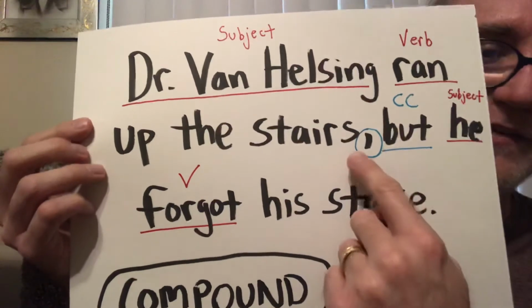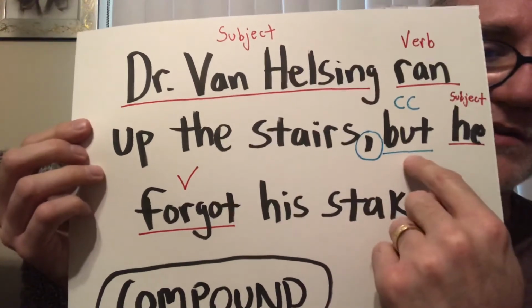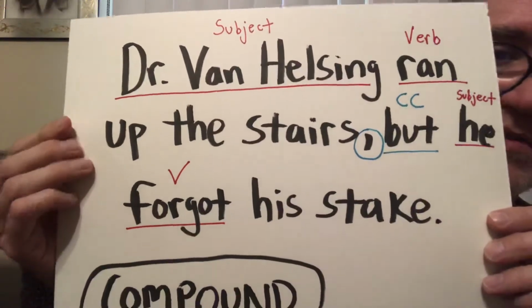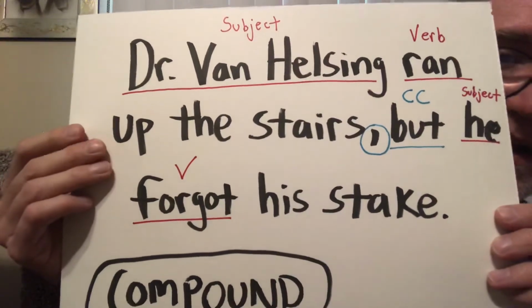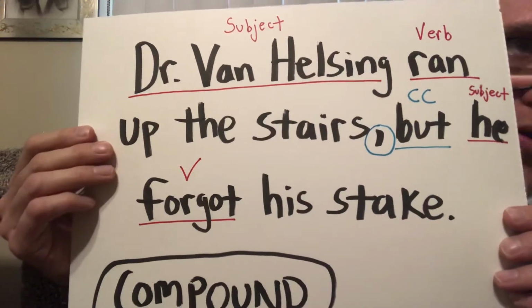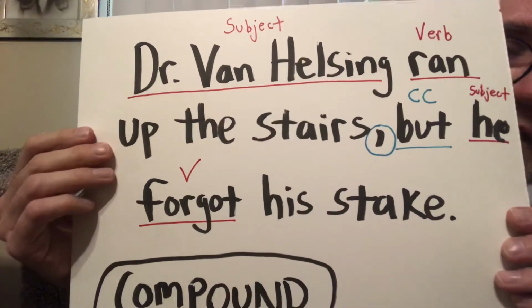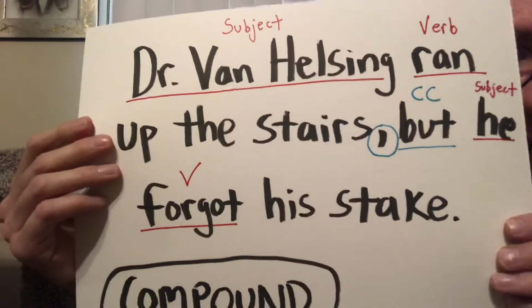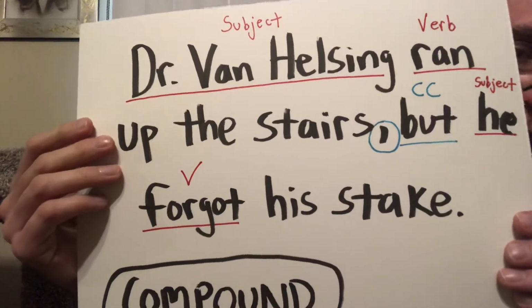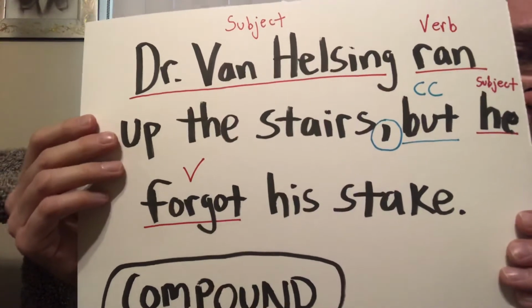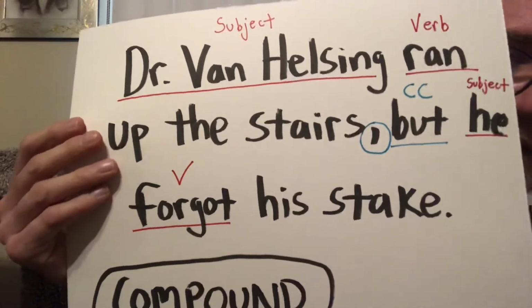And that is the comma and then the coordinating conjunction but. But is one of the coordinating conjunctions. There's a list of these. And it's easy to remember them if you just remember the word FANBOYS, because if you write that word down, then it's easy to remember them as a mnemonic device. They are for, and, nor, but, or, yet, and so. Those are the coordinating conjunctions.